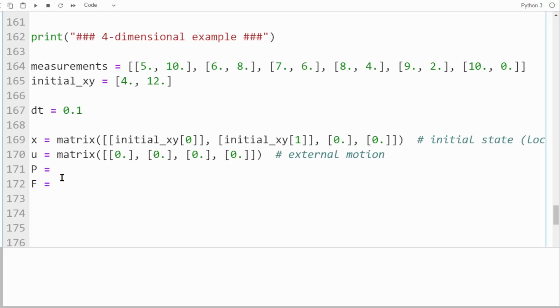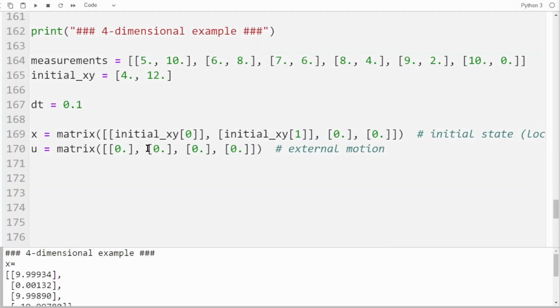I want you to design an H matrix that's a projection matrix from 4-dimensional state space to 2 dimensions, reflecting the fact that we can only observe the first 2 state variables, x and y, but not the velocities. I want you to define a measurement uncertainty matrix, which now is a 2x2, that has 0.1 as the main diagonal, as measurement noise. And this is an identity matrix over here. Once you design all those, you should get the following output.